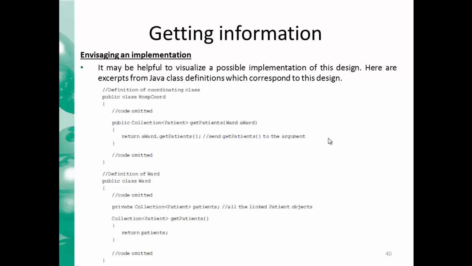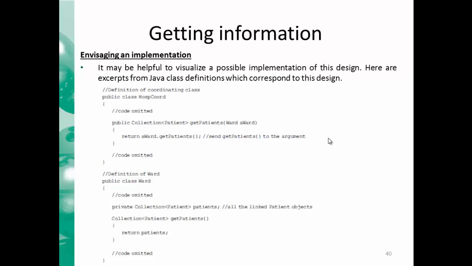Now we can have a look at the implementation. This is not a complete implementation, like a skeleton implementation for what's going to be done. You find that the coordinating method implemented in the class HostCoord is now implemented, which will return patients of that ward. The same for class ward.